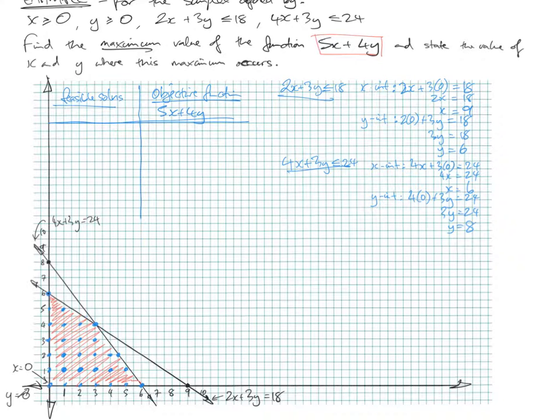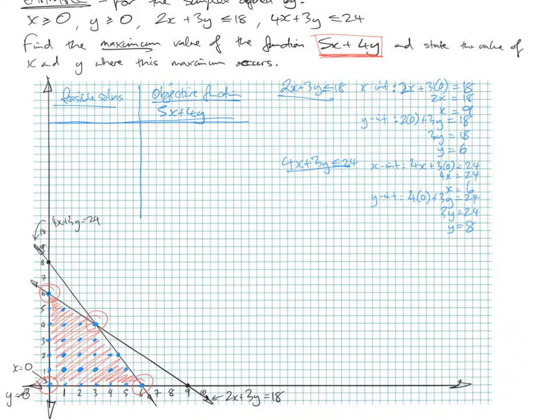Now, what we proved in the previous question was that the optimal value of a linear expression occurs at the vertex of a simplex. So we only need to run the feasible solutions of the vertices. So that, and that.